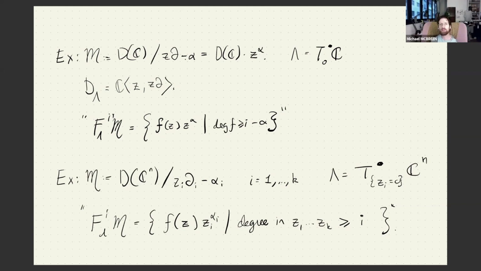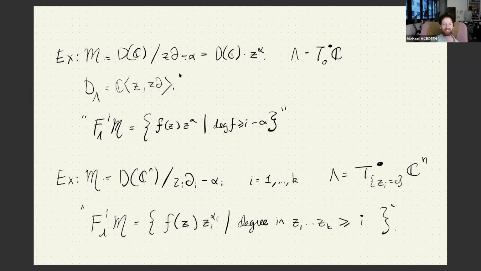And a higher dimensional example, but higher dimensional in a kind of trivial way. So if you start with C to the N, and you impose, so actually there's some relations missing there.